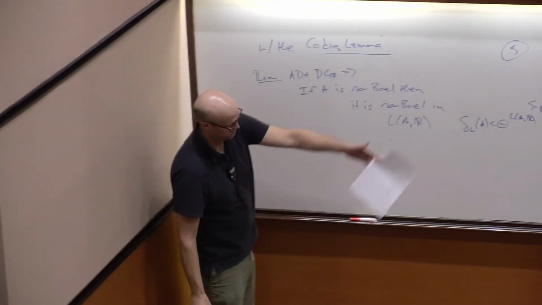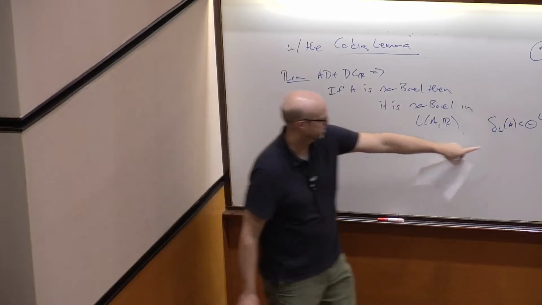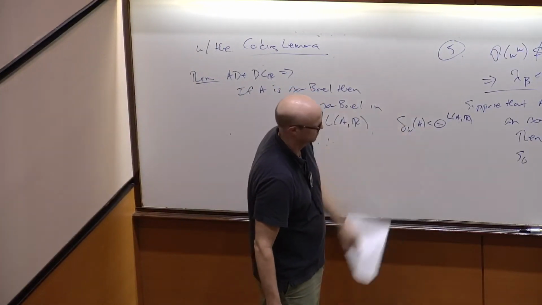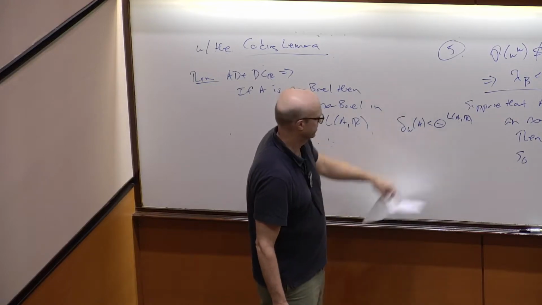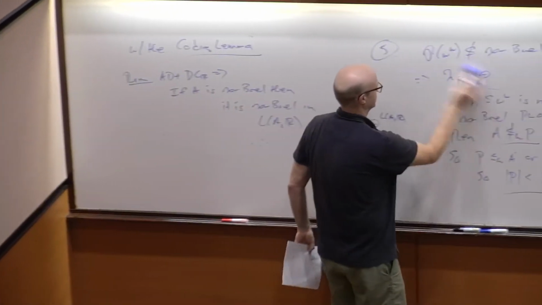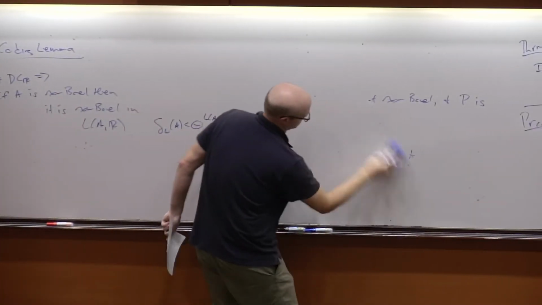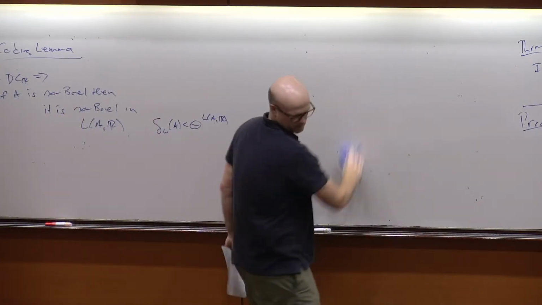So that code, by Moschovakis's coding lemma, is going to exist in this model, because it's coded by a subset of an ordinal below the theta of that model. Okay.